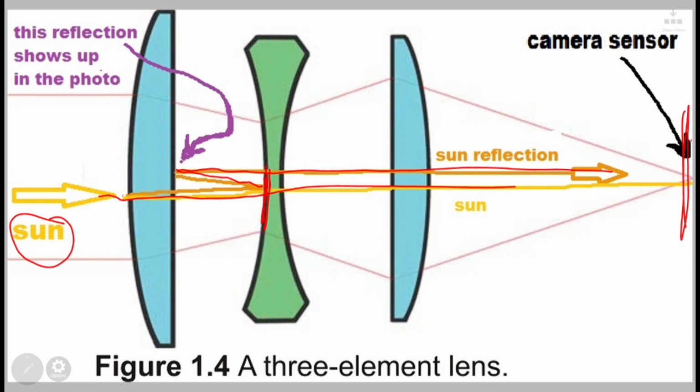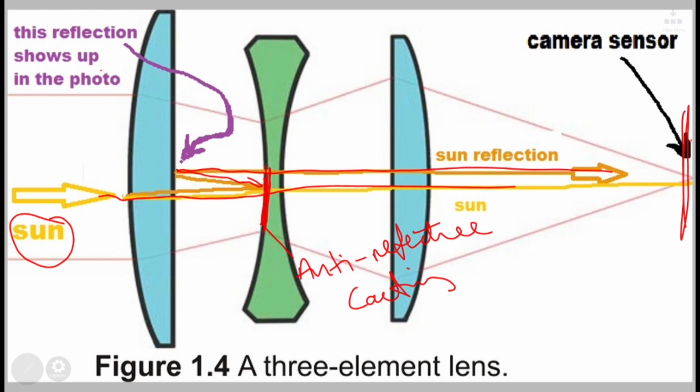Now these lenses are coated. There's an anti-reflective coating, and that's designed to reduce to the minimum internal reflections. But they're almost impossible to get rid of totally.